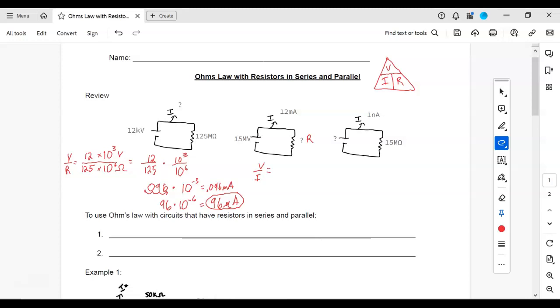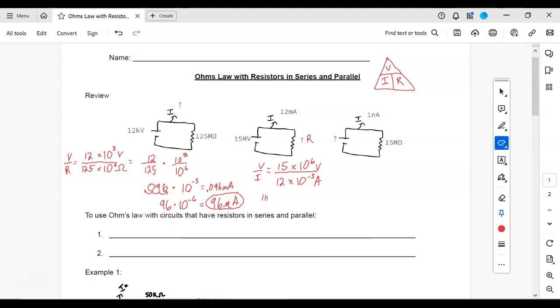And if we fill that in with the values from the problem, we have 15 times 10 to the 6, that's mega volts, divided by 12 times 10 to the negative 3, which is milliamps. Okay, so again, we can break this problem down into the coefficient part and then the power part.